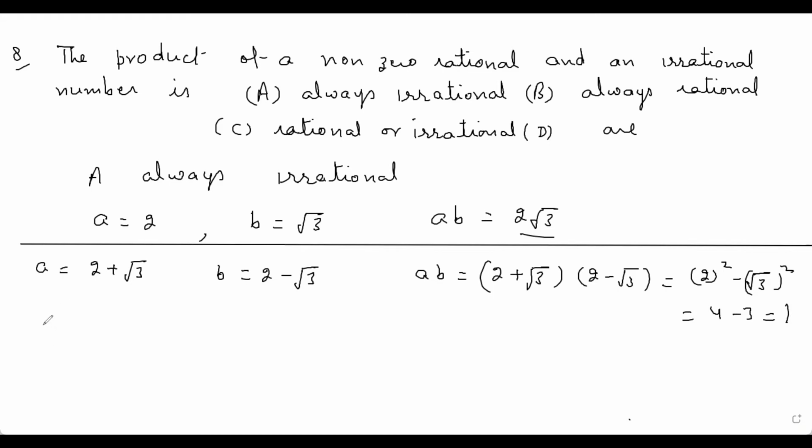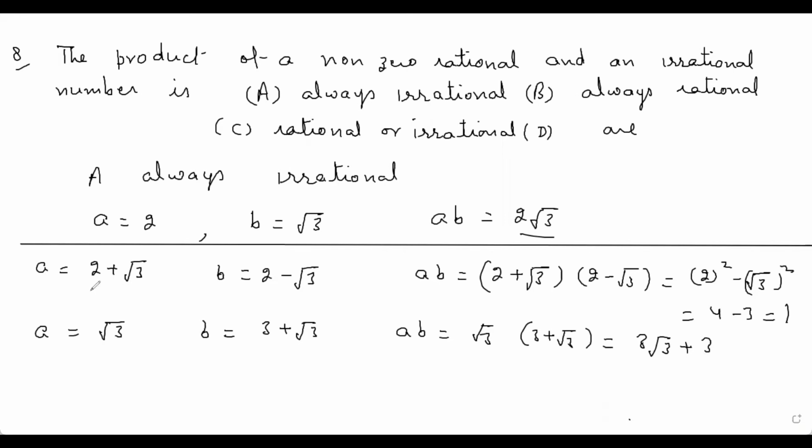Now let me take one more example. Suppose a is root 3 and b is 3 plus root 3. Now ab is equal to root 3 times 3 plus root 3. This is equal to 3 root 3 plus 3. Now what have we seen here?